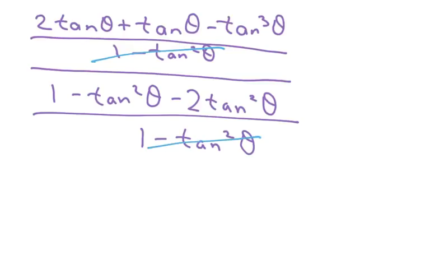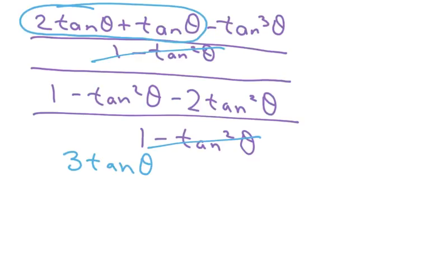You notice here I have 3 of those. So I'm going to write that down. That's going to be 3 tan of theta minus tan cubed of theta.